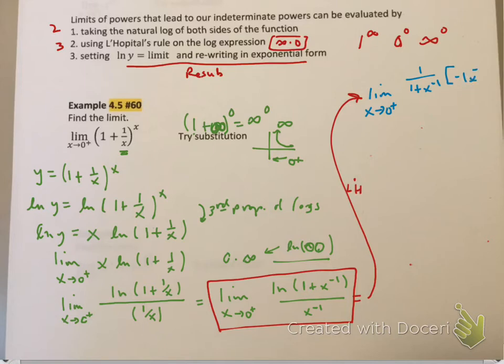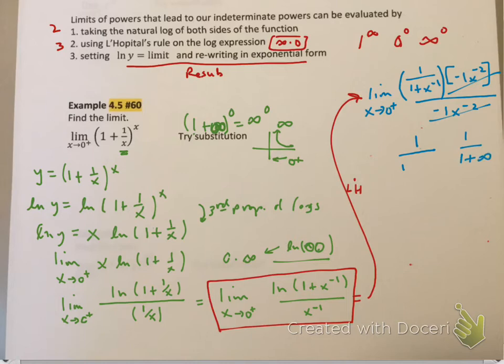And this is going to be a negative x to the negative 2 over negative 1 x to the negative 2. And this is going to reduce out. And if I take this limit, it's going to be a 1 over 1 plus an infinity situation.